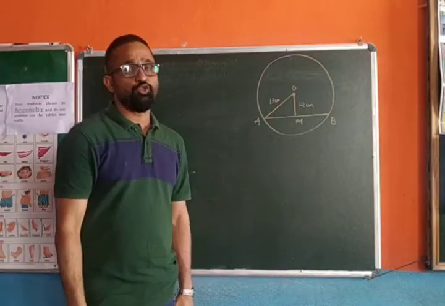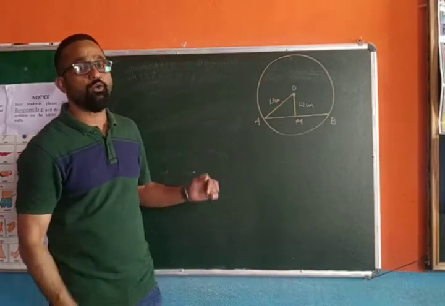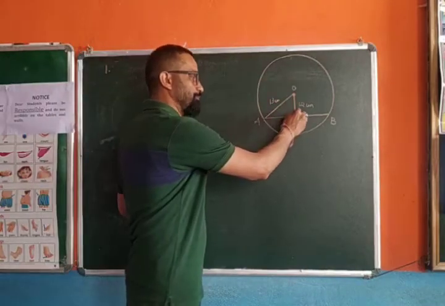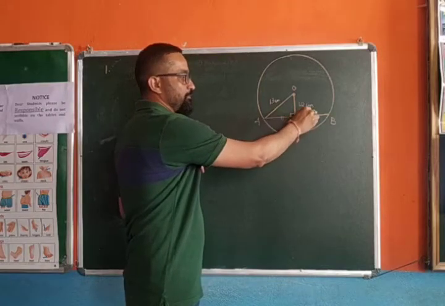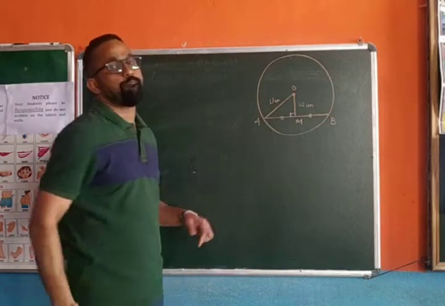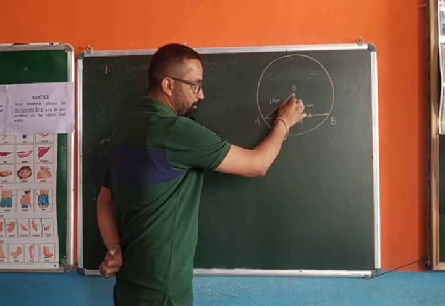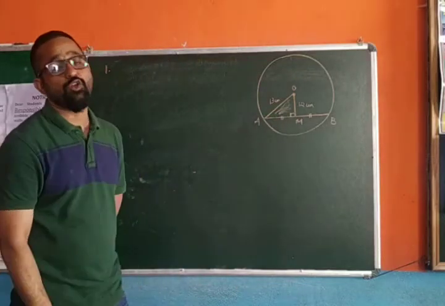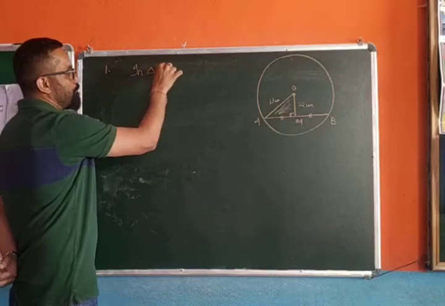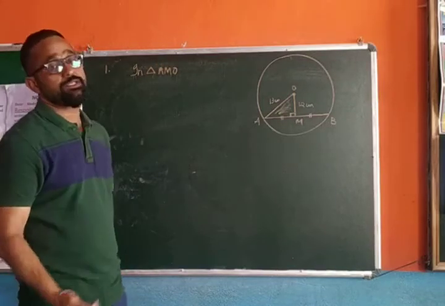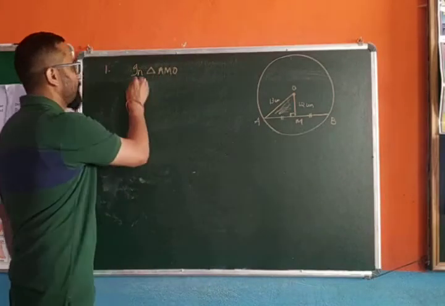Now theorem tells you that line drawn from the center to the chord is always perpendicular and it divides the chord in equal halves, bisect it. So if you look at this diagram here, you have a right angle triangle in triangle AMO, and since it is a right angle triangle, we use Pythagoras theorem.